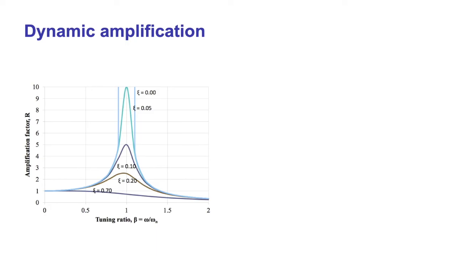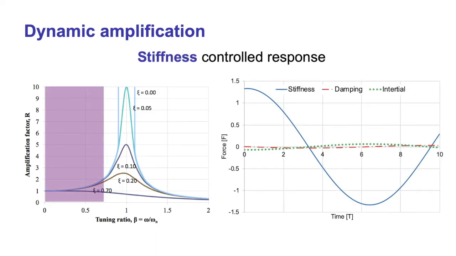Let's look first at the left end, when beta is much lower than 1, meaning that the load is slow in comparison with the frequency of the structure. Here, the response is quasi-static and the dynamic amplification factor R is close to 1.